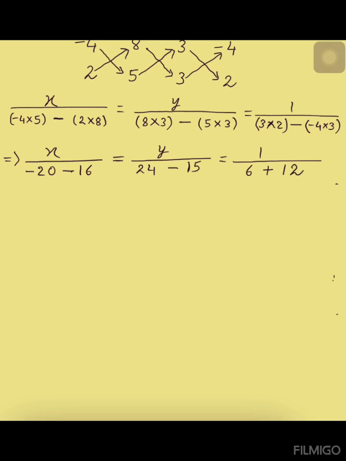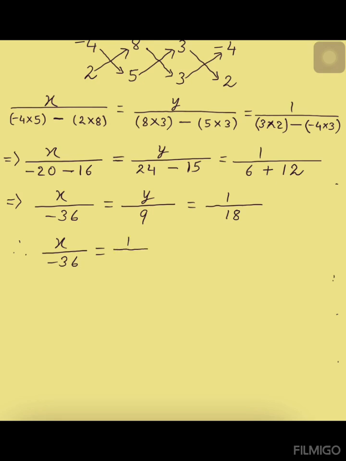Minus of minus will become plus, 6 plus 12. Then simplify: x by minus 36 equals y by 9 equals 1 by 18. Now here 1 by 18 is the constant term, so let us equate the variable with the constant. x by minus 36 equals 1 by 18 and y by 9 equals 1 by 18.